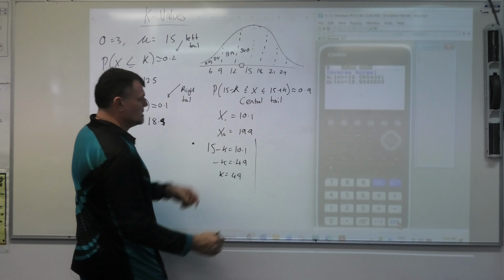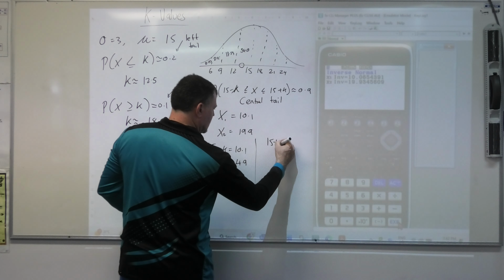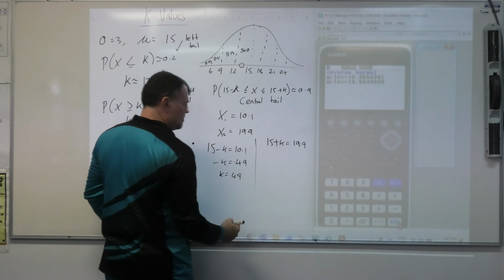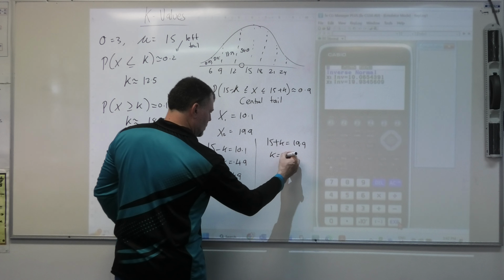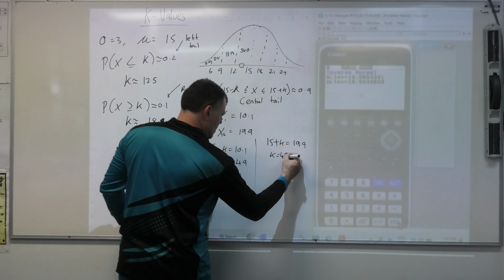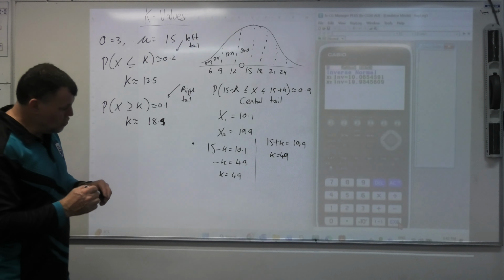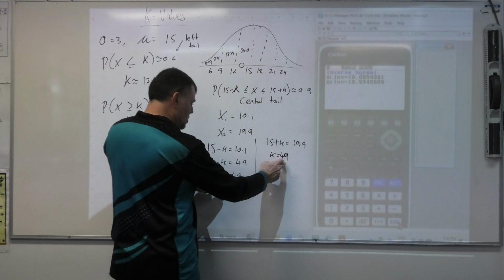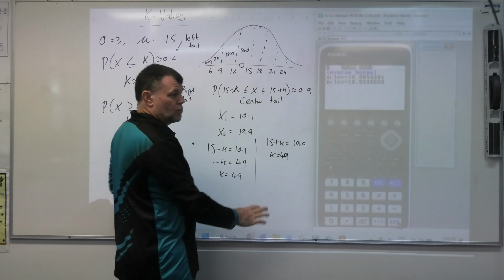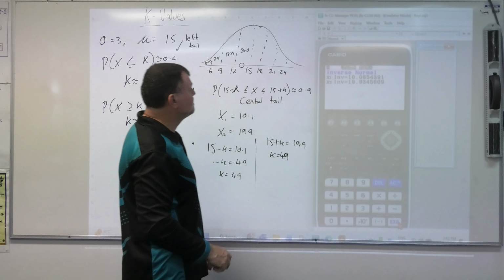If we did the right-hand side over here, 15 plus k is equal to 19.9. If I then take that 15 away, I should get the same answer. So if you're not getting the same answer when you work on these two different types of calculations, then you've done something wrong. You haven't used the central function.